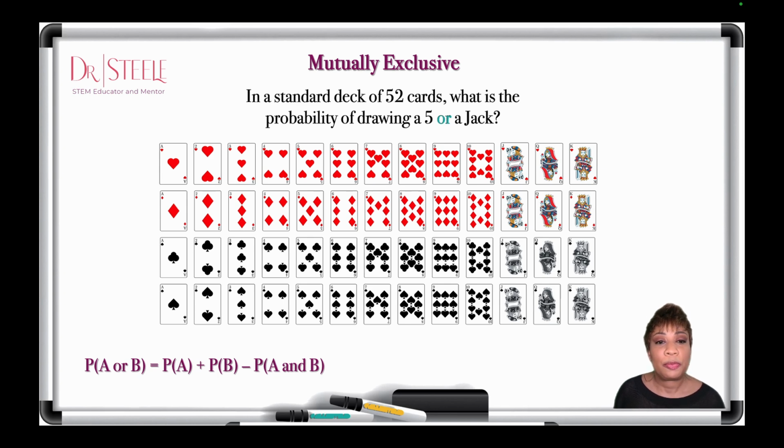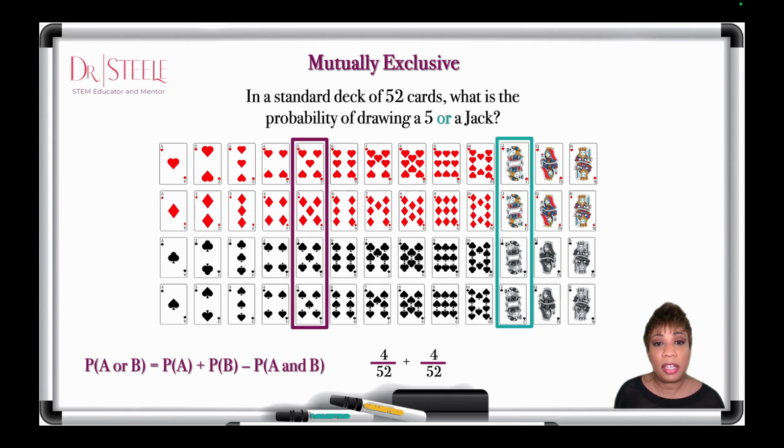Okay, so the probability of A is drawing a 5. So if we look, we have 4 5s, and we have a total of 52 cards. And then the probability of B is a jack, and we have 4 jacks out of 52 cards. And then we want to subtract the probability of drawing a 5 and a jack.